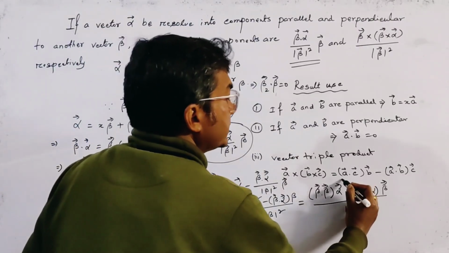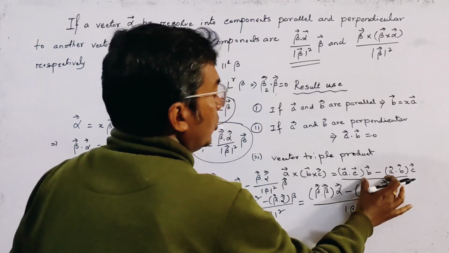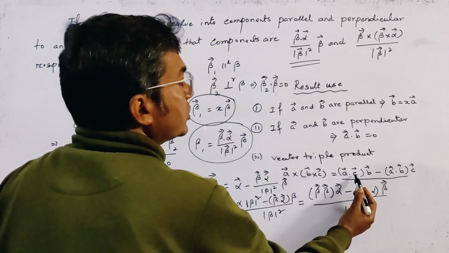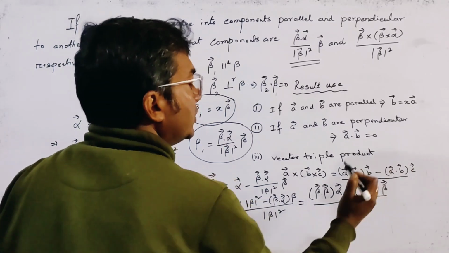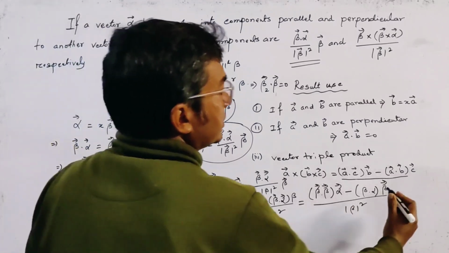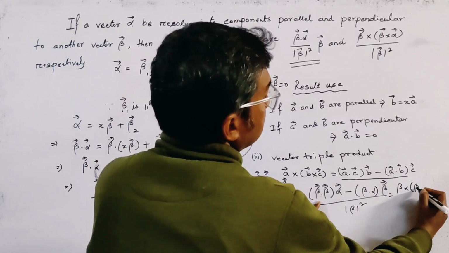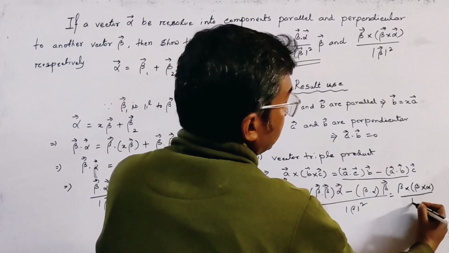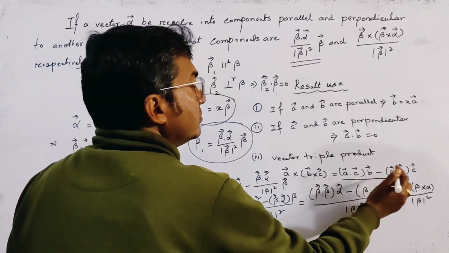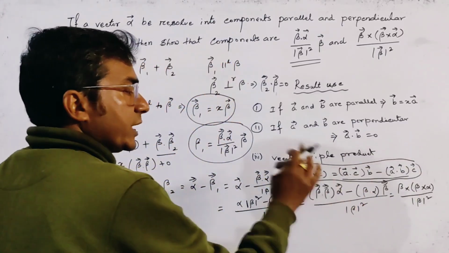Now clearly the vector in the numerator is of this type, and this vector can be written as a dot c b minus a dot b into c, which is given by a cross b cross c. So we write the above result as beta cross beta cross alpha by mod beta whole square. We use this result directly as a formula here.